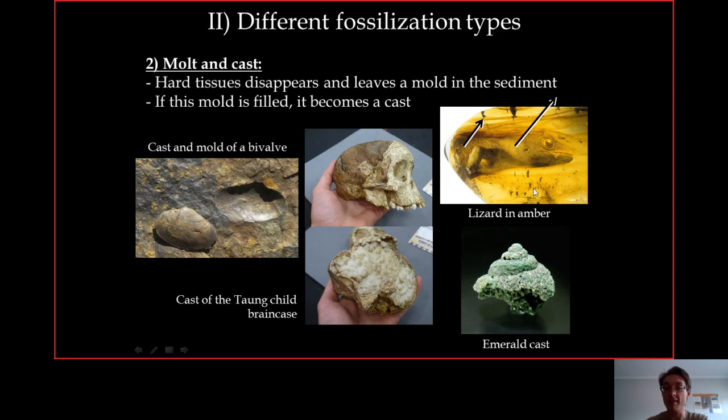So the amber itself is a replacement fossil, but this lizard is actually a mold of the lizard. There's no lizard left in it. It's just the print of the lizard inside the piece of amber. So it's technically a mold.